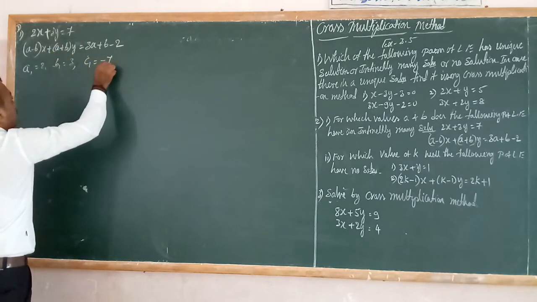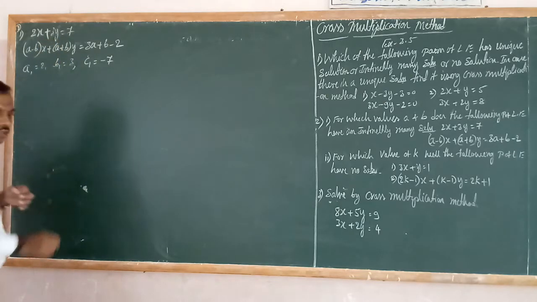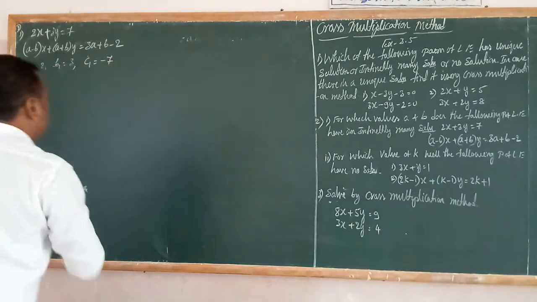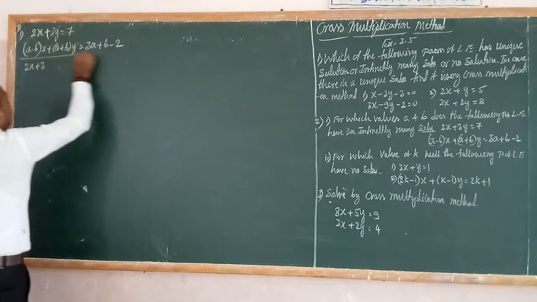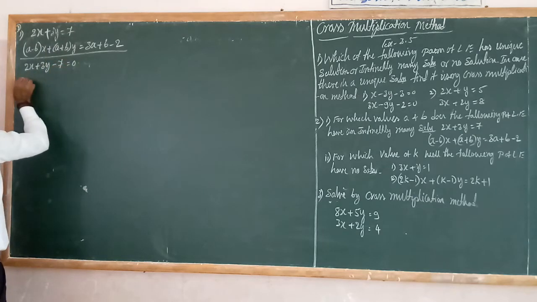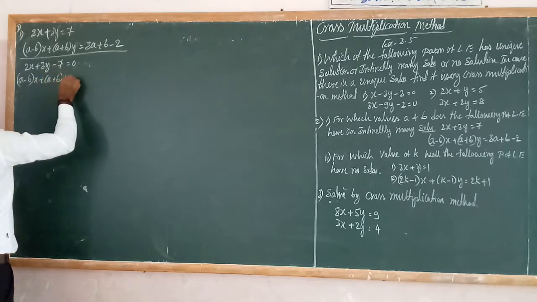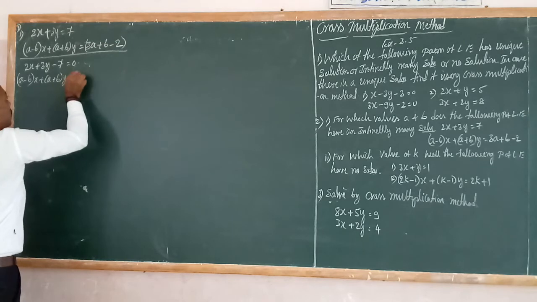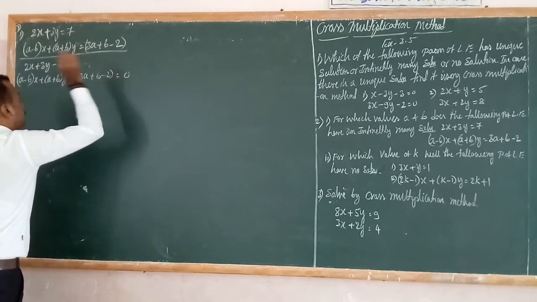If it comes over, it is minus 7, so 7 has to come as minus 7. Otherwise you have to write it here only, because it becomes confusing. See, 2x plus 3y minus 7 is equal to 0. Afterwards (a minus b) into x plus (a plus b) into y, minus of (3a plus b minus 2) is equal to 0.